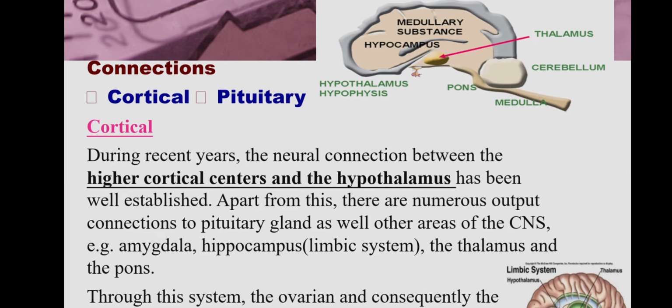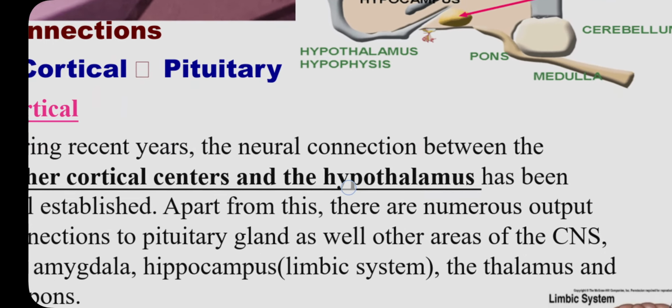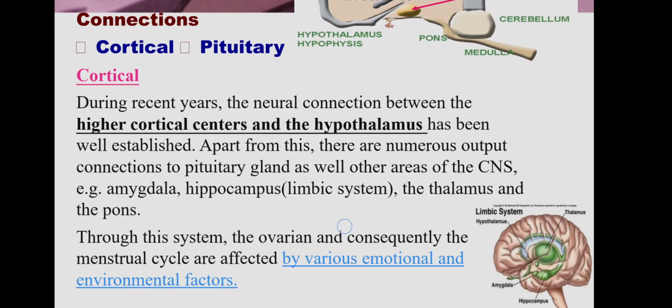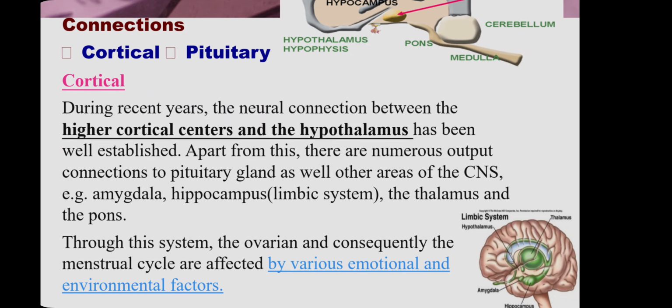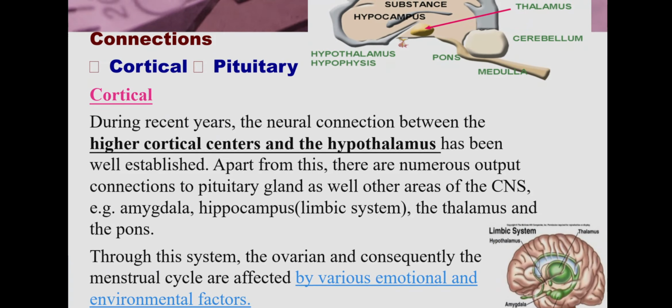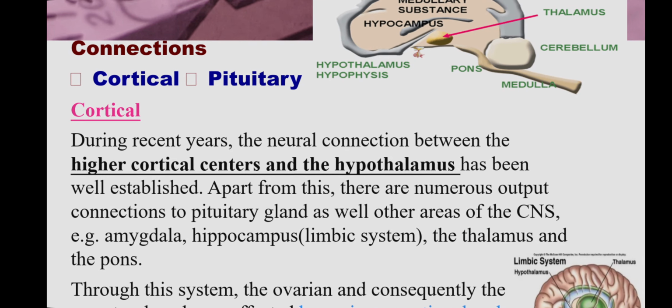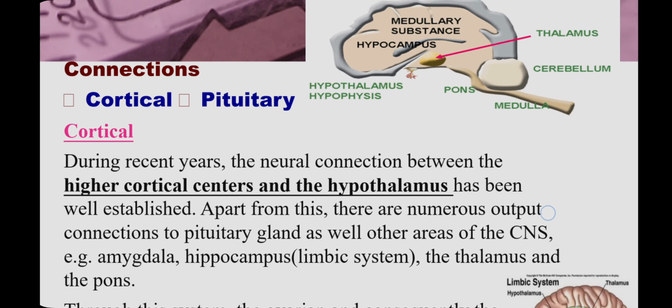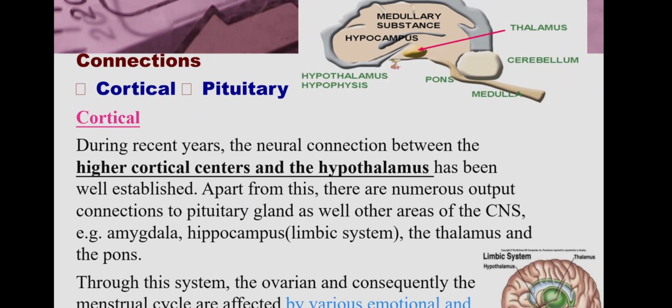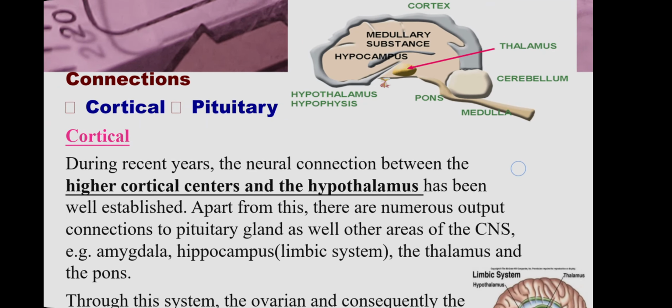Coming to the connections of the hypothalamus, it has two types of connections. One is the cortical connections, another is the pituitary connections. First, the cortical connections are between the higher cortical centers and the hypothalamus. Means with the different centers of the brain, it has connections, as you can see in the diagram.